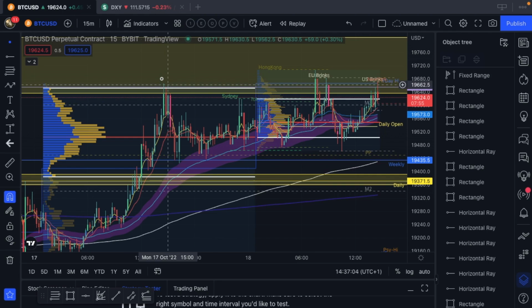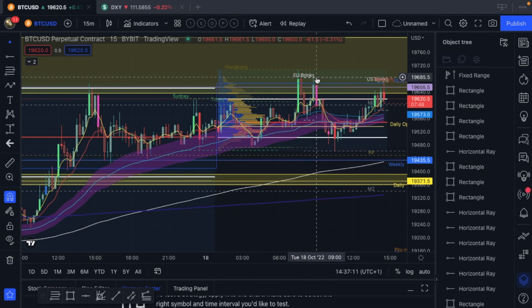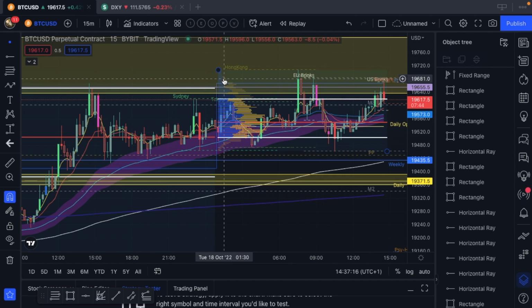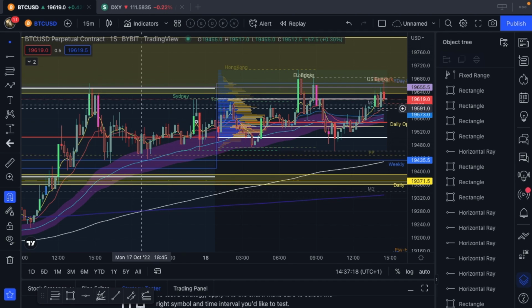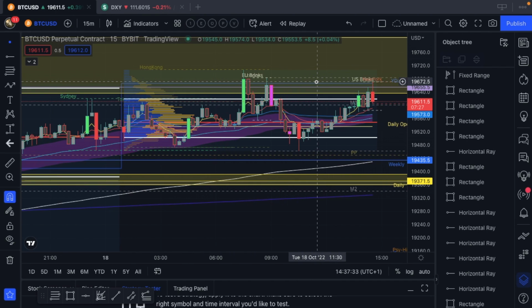We had come up and tested once, tested it twice, and this is a very, very common price action setup where you have one test of the high, a second test of the high that breaks this high, so we definitely got higher on that one, and then the third fails to take out the second one, and that is a pretty standard setup called the 1, 2, 3.